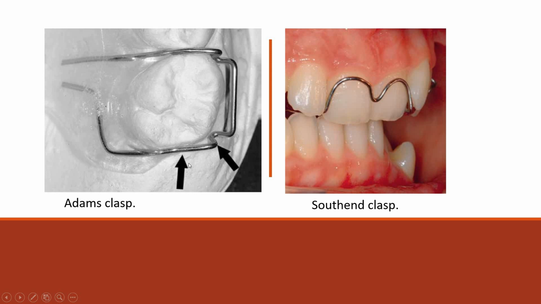In these pictures, you see Adam's clasp. Adam's clasps are constructed in 0.7 mm stainless steel wire and most commonly used on the first molars. Also, they can be used on premolars and anterior teeth.